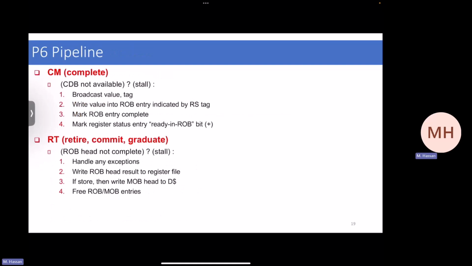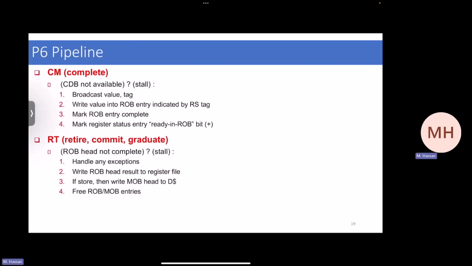Now, in the last stage, instead of write back, we split it into two, complete and retire. With complete, this is where you take the result from the function unit and write it to the ROB. So you check whether your common data bus is available. If it's not available, that's a structural hazard, you have to stall. Otherwise, you broadcast the value with the tag. We have done this in the past, right? Broadcasting with the common data bus.